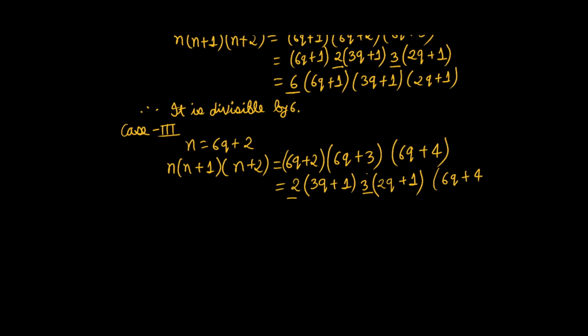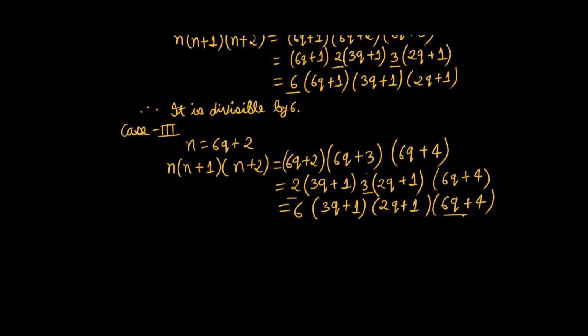So here we are not taking common. So we will get 3 times 2, 6. So it is also divisible by 6, 2q plus 1 into 6q plus 4.